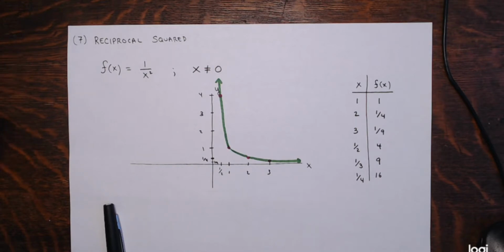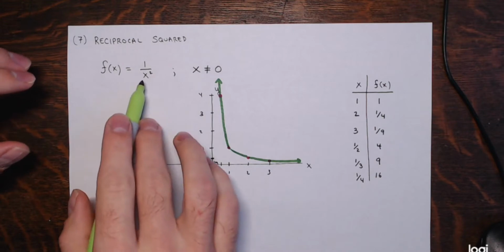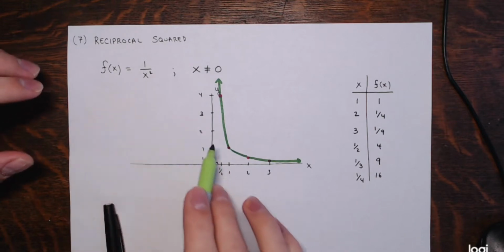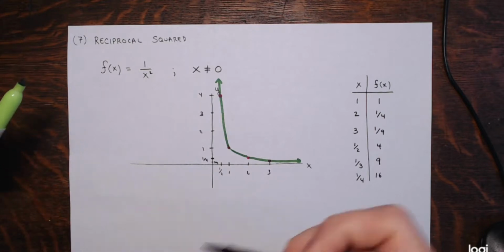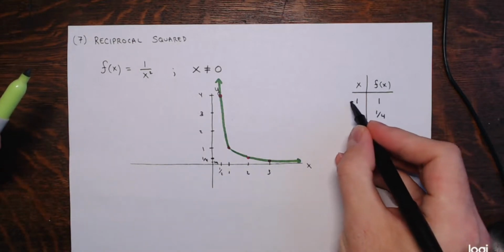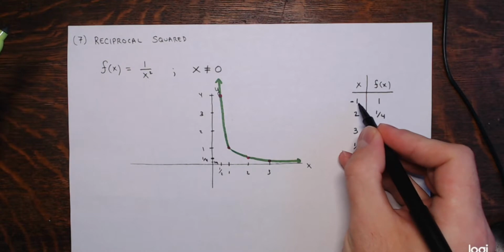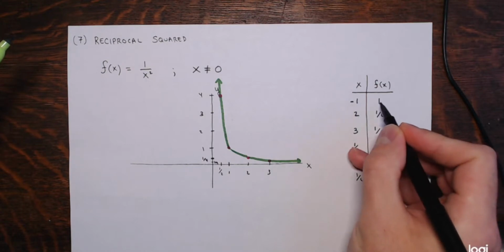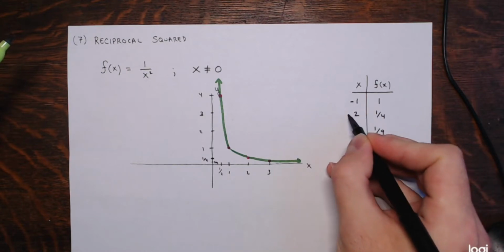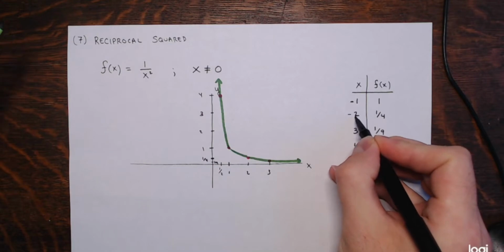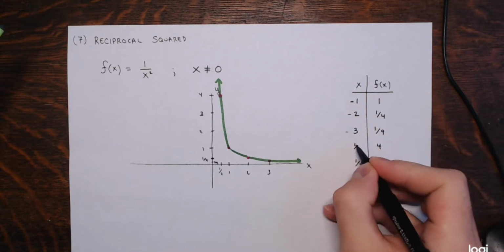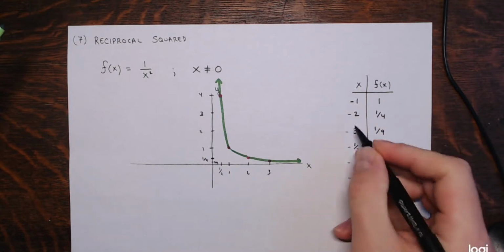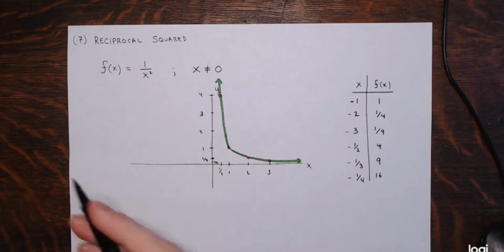And then all this stuff, because this is a square, will be exactly the same on the other side with negative inputs. The reciprocal of -1 is -1, but then you square it, you get +1. The reciprocal of -2 is -1/2, but then when you square that, it's +1/4. So I'm just going to put all negative signs on all these, and we get all the points on the other side of the y-axis.